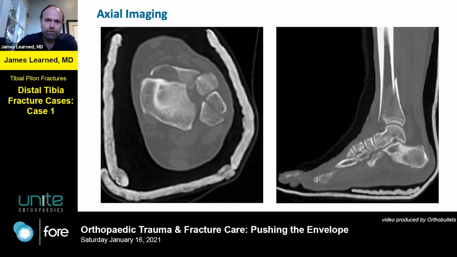And on the axial view, it's a little bit tough to see, but if you look carefully, I think you can see that there's a non-displaced crack separating this into the typical three fragments of the pilon fracture or distal tibia fracture. And we've seen some good data showing the typical fractures and where they happen.